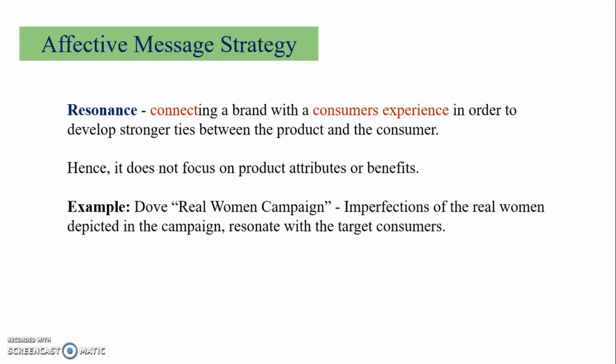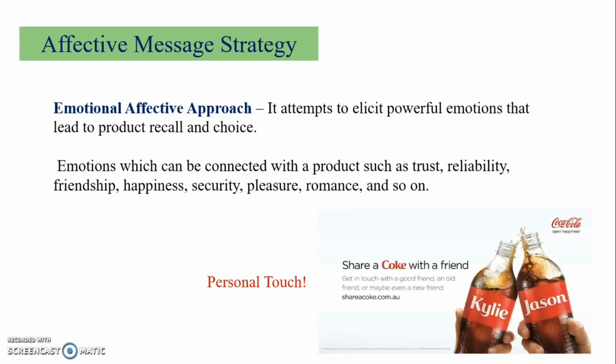In this particular campaign, the imperfections of the real women depicted resonate with the target consumers. So, like I said, resonance is always about establishing a bond between the product and the consumer. This is one type of affective message strategy.